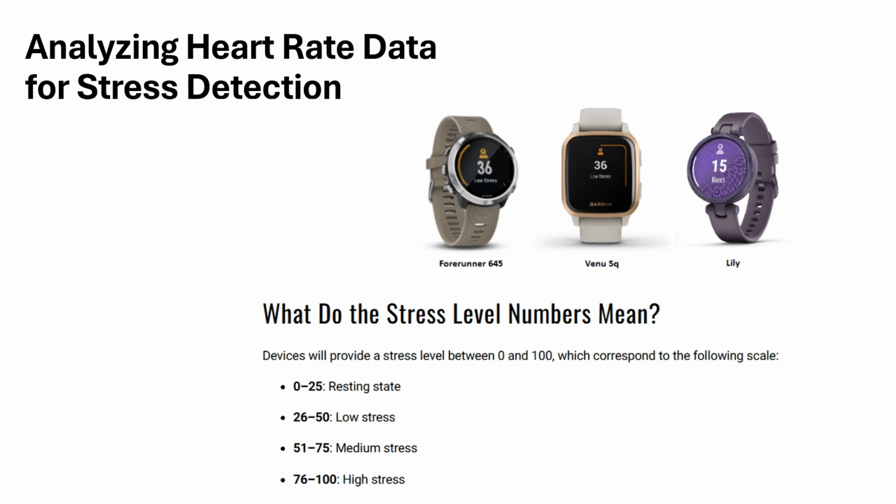But this becomes more personalised to you and your body and your natural stress levels the more data your smartwatch collects. So for example, 76 might be high stress for me, but actually 50 might be high stress for you, depending on your different bodies and our different experiences and our different health conditions as well. So this is why smartwatches can be useful, but we need something to refer it to.